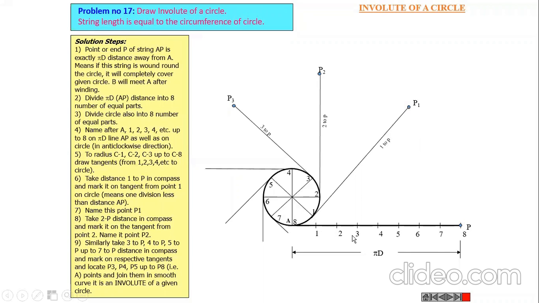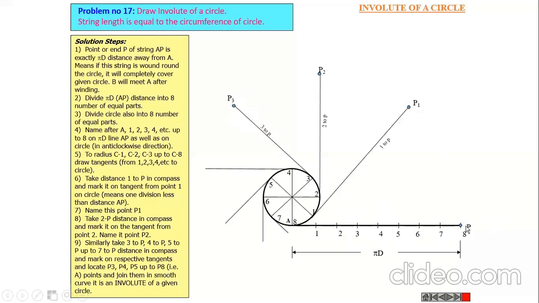Then 2 to P as a radius, 2 as a center, and cut the second line. This is my second point P2, and this is the first, P1. Then 3 to P as a radius, 3 as the center point, then intersect this tangent, and I am getting here P3.